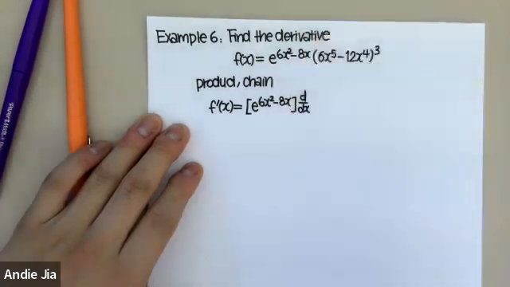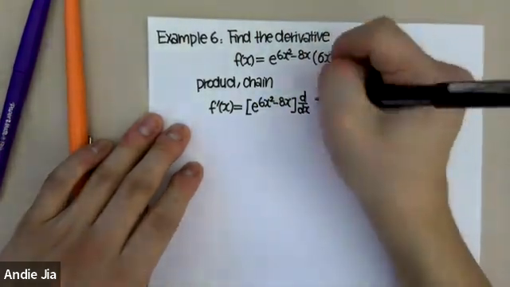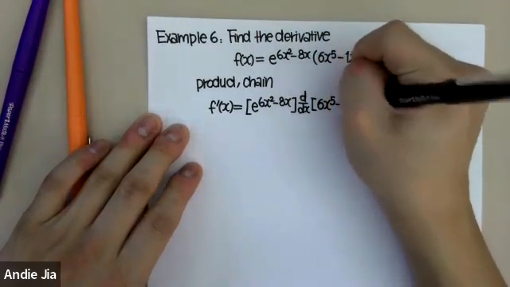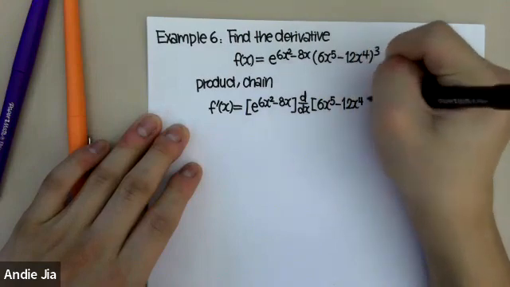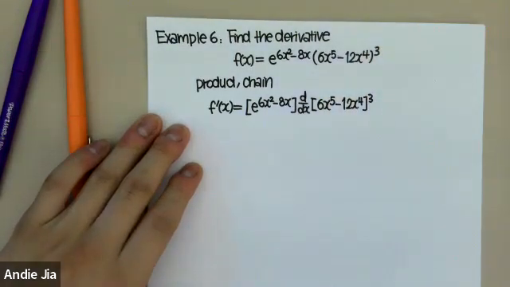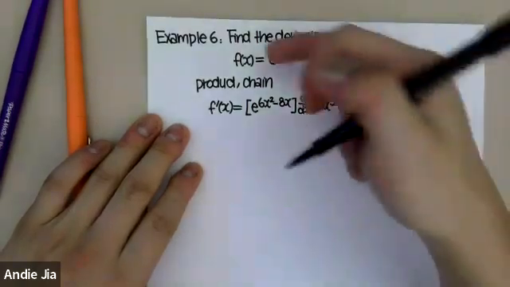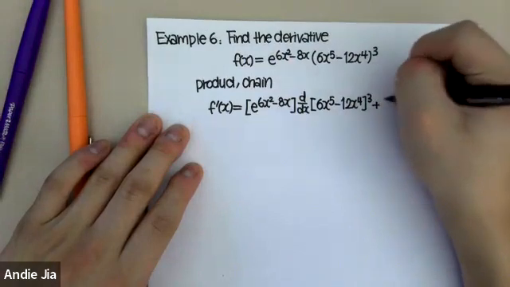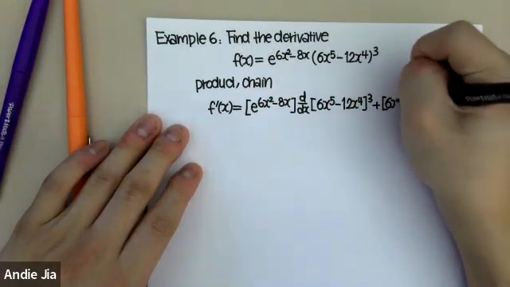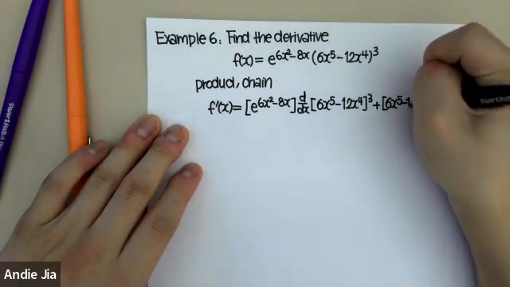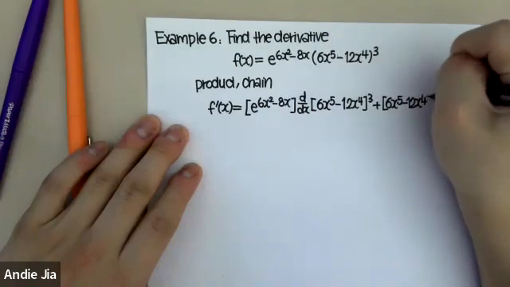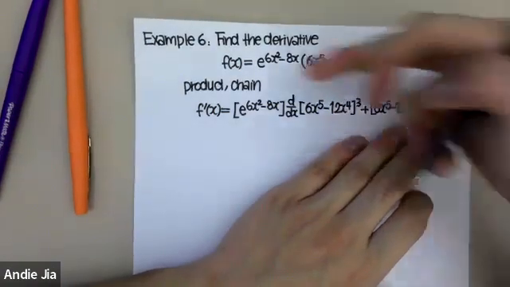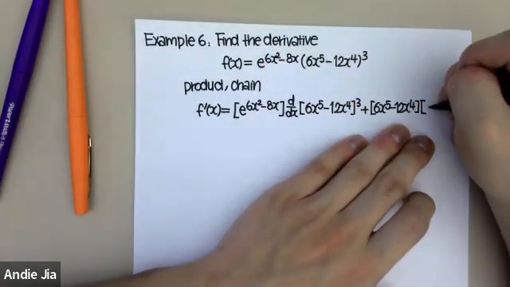The derivative of this chunk is going to be this chunk's derivative, and then I just do the prime because it's a derivative.